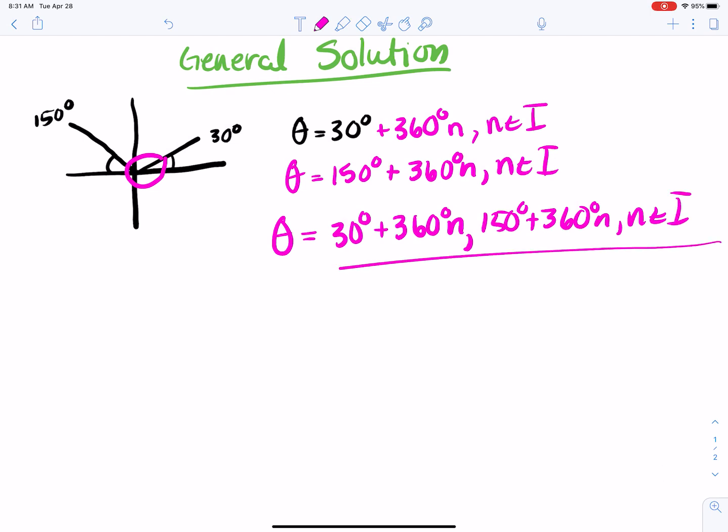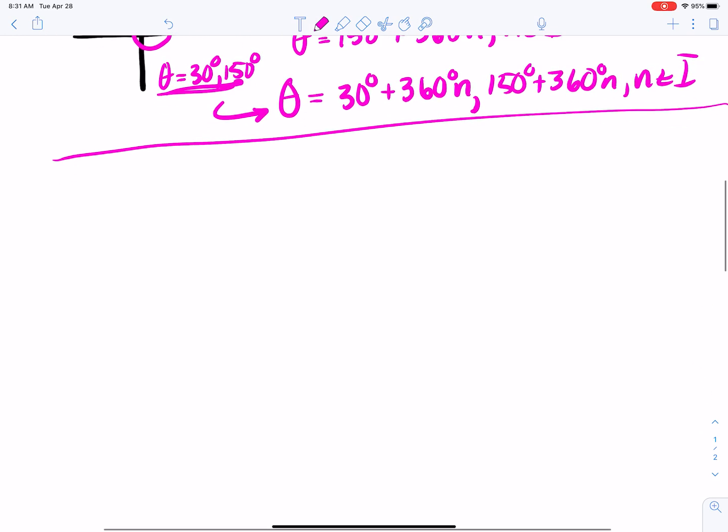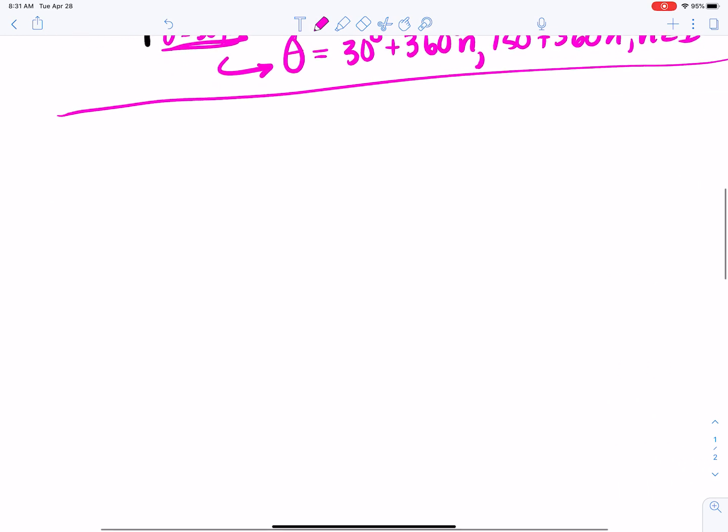So that would indicate if we had the solution in one rotation of 30 degrees and 150 degrees, that would be the solution, all angles that appear within one rotation. But the general solution would be all the angles coterminal to those two. Let's just take a quick example in radians so you understand.